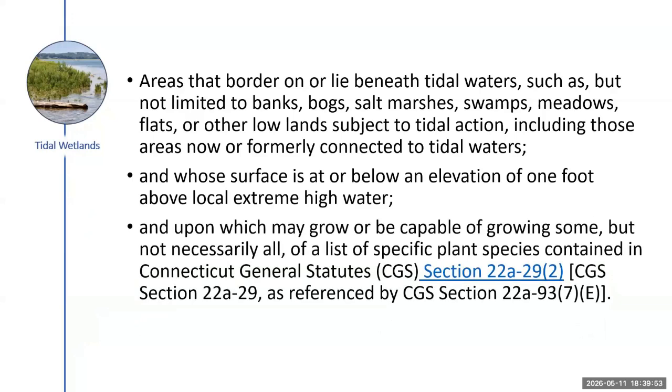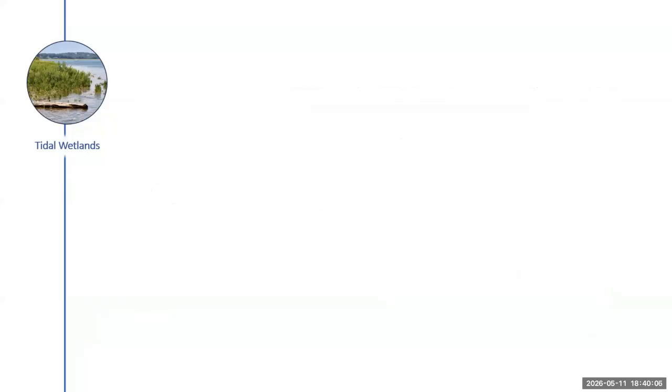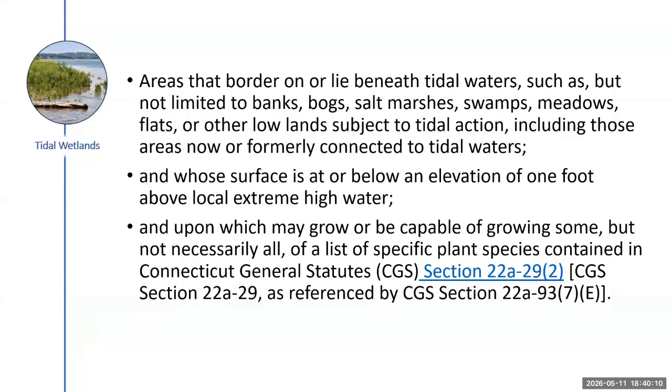And they are potential sites of growth for a variety of plant species that are statutorily defined in Connecticut. So tidal wetlands are defined by those three things. They have to have the elevation, they have to have the connection, and they have to be able to sustain those plants that are listed in the statute.